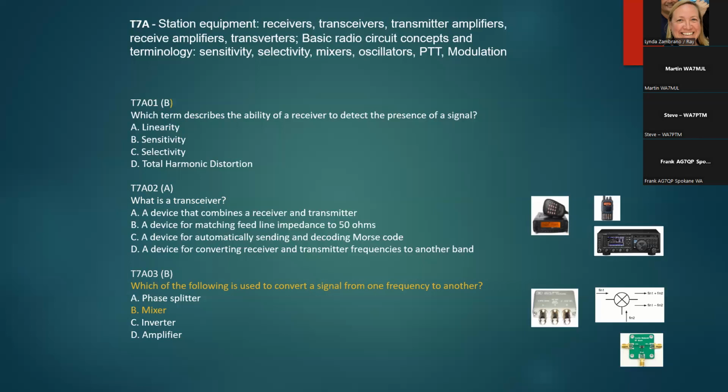For example, if you have a 100 megahertz signal mixed with a 98 megahertz signal, you end up with a 2 megahertz signal. So it mixes the 2 frequencies. Down here, you've got kind of a demonstration that you've got a frequency in, a frequency in, and a frequency out.